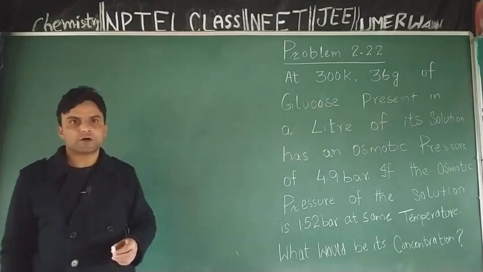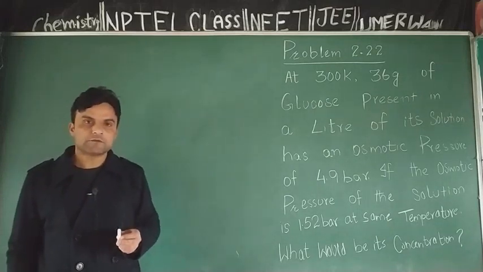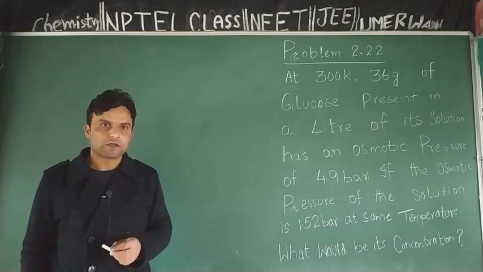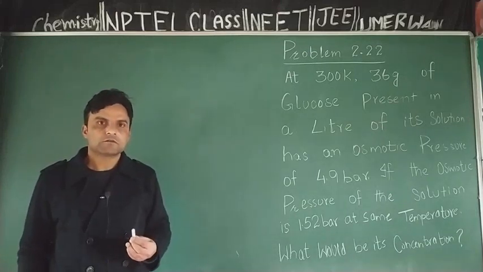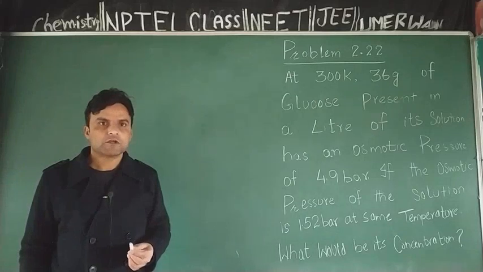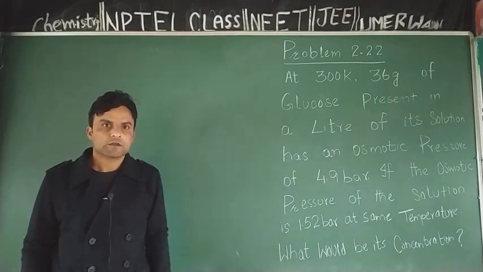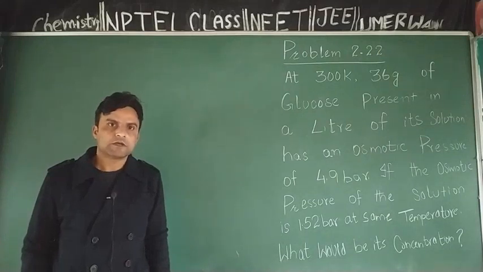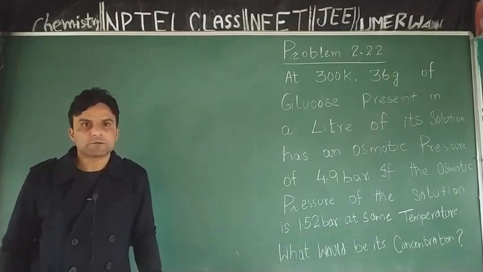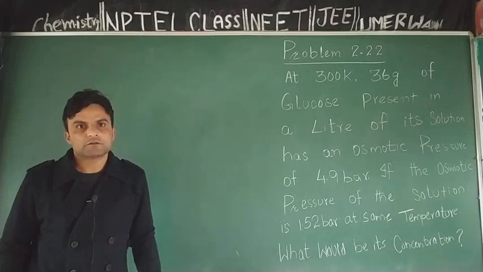And driving force for osmosis is lowering of vapor pressure. It means value of osmotic pressure will be directly related to lowering of vapor pressure. But as per Raoult's law, we have studied that lowering of vapor pressure in turn is related with mole fraction of solute. Therefore, I can say that osmotic pressure depends on mole fraction of solute.